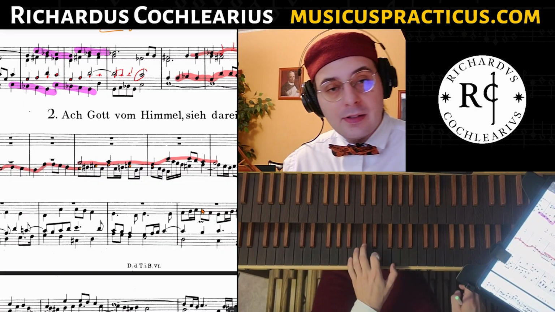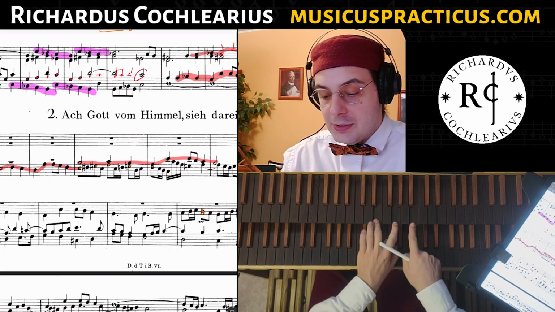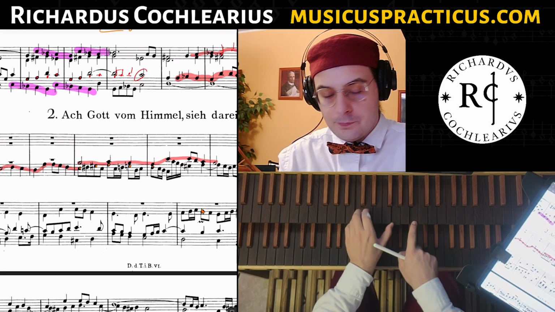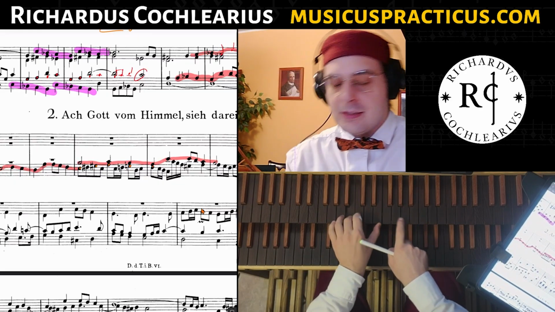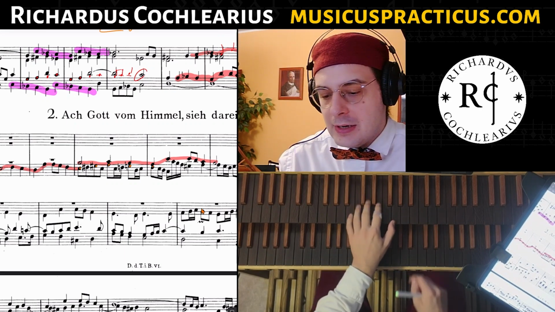And this technique helps us even to solve the problem of parallel fifths, because if we do this, they're parallel fifths, but if we pass through the 8, they are not parallel fifths anymore. Or imagine to have another voice.